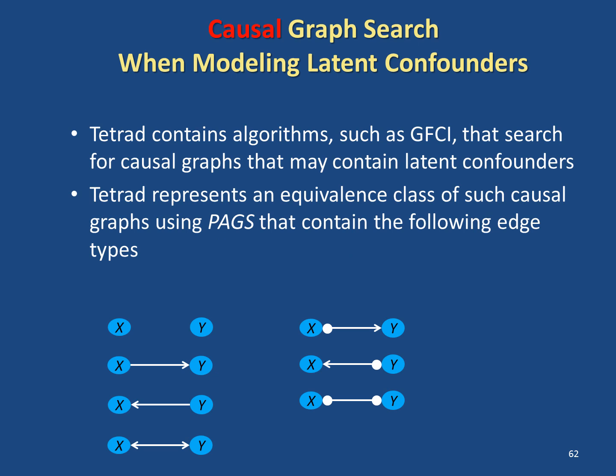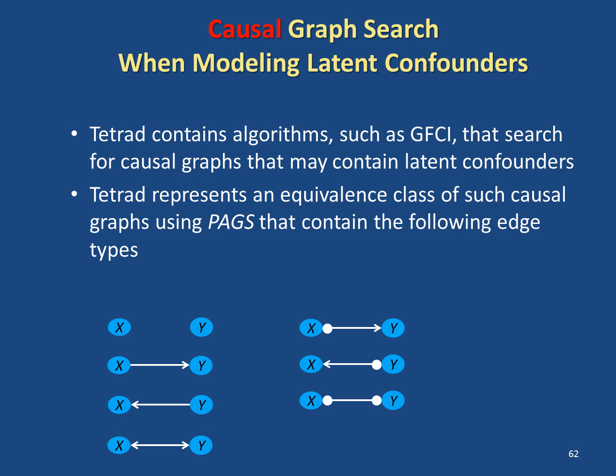Tetrad contains algorithms, for example, the so-called GFCI algorithm, that search for causal graphs that may contain latent confounders. So it does model that possibility. And it represents an equivalence class of causal graphs using what are called PAGs.